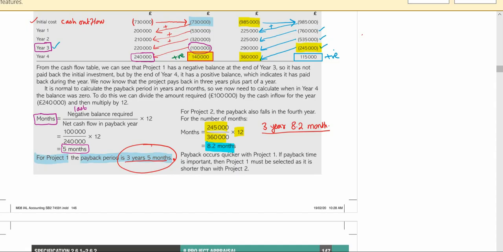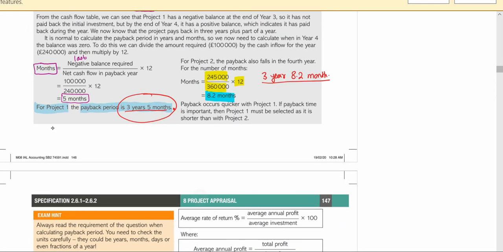Okay, so the decision is project 1 is better due to the shorter payback period. Any problem in this?